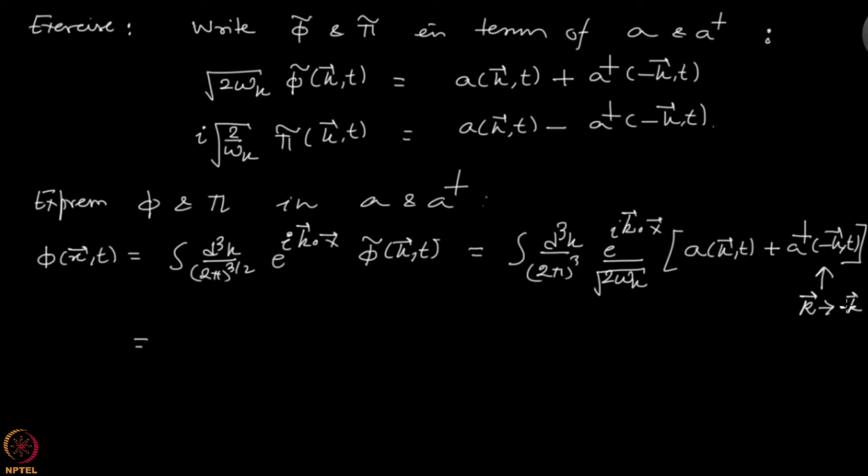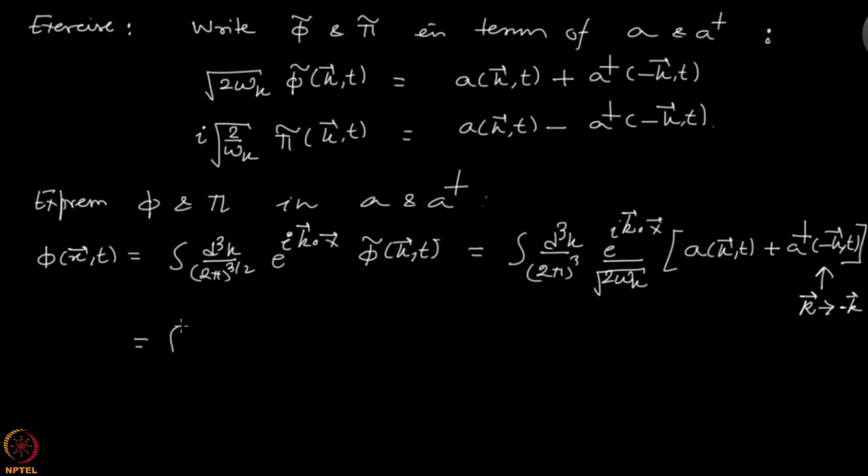Now, if I do that change of variable, this becomes a dagger of k,t, but here you get e to the minus i k dot x. And what happens here? Here actually nothing happens, because of the following. Let me first write down and then tell you why d cube k remains d cube k.